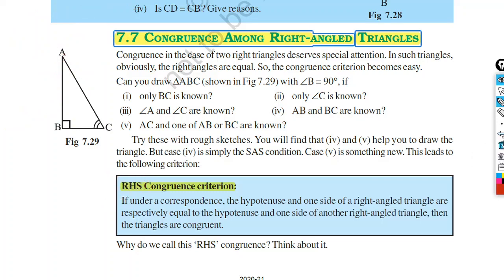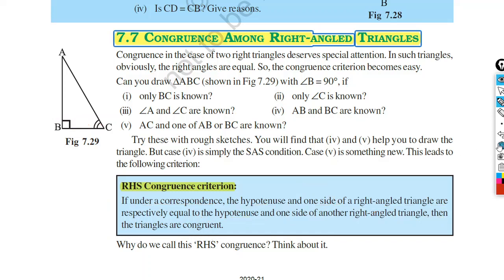And what is the statement? Please write the statement and remember it. If under a correspondence, the hypotenuse and one side of a right angle triangle, any side, this side or that side, it does not matter, you can take BC or AB, are respectively equal to the hypotenuse and one side of another triangle, then the triangles are congruent.